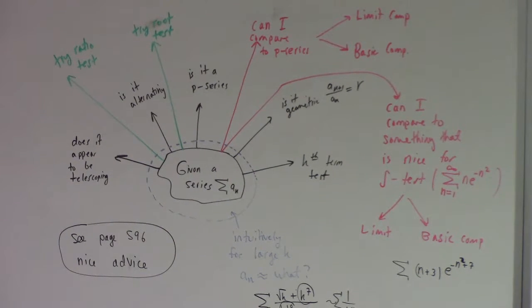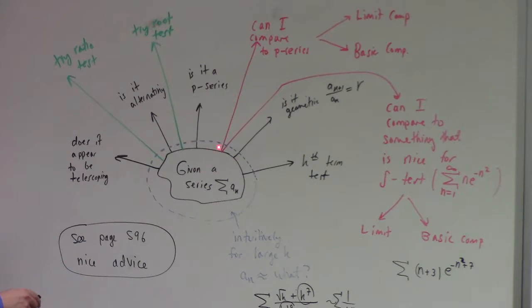But you should be working to improve your understanding of inequalities. That's one of our goals. I guess there are two main goals in calculus too, which is to help you learn algebra and inequalities. You're like, wasn't that the point of algebra? Yeah, but there's always more to learn. So that's in the red, compared to a p-series.